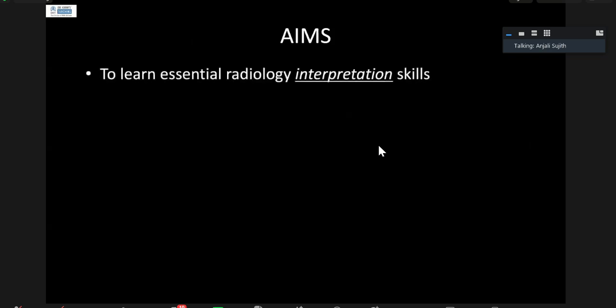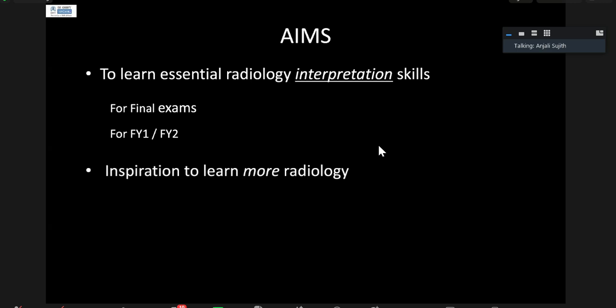What are the aims of this course? We hope to teach you the essential radiology interpretation skills for your exams, as well as for when you become young junior doctors. We also hope to inspire more of you to learn more radiology to become future radiologists.